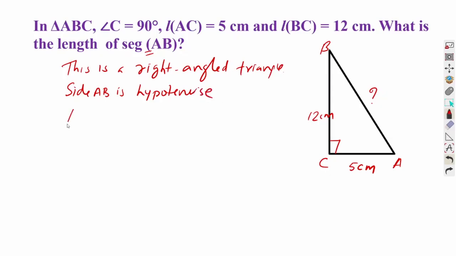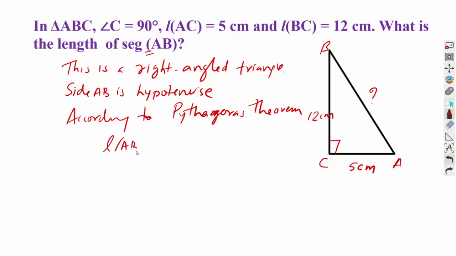We will say that according to Pythagoras theorem, length of AB whole square, which is to be calculated, is equal to length of AC whole square plus length of BC whole square.